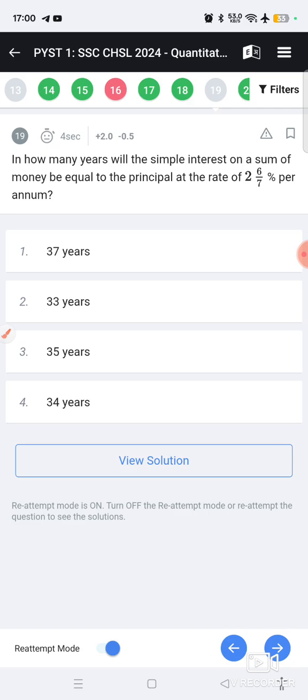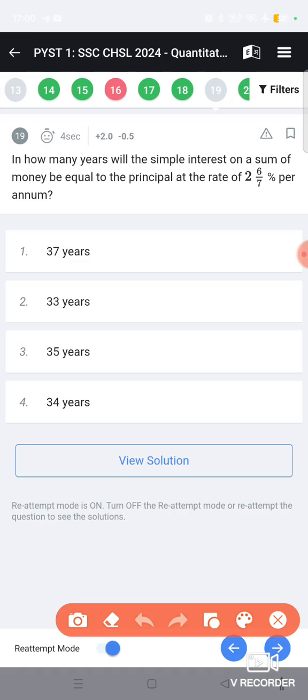In how many years will the simple interest on the sum of money be equal to the principal at the rate of it now? Okay, simple interest is equal.